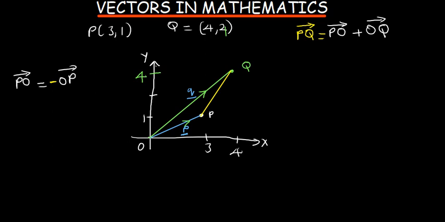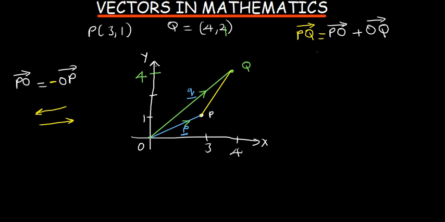Remember, vectors are quantities with both magnitude or size and direction. So PO is more like going behind, and OP is going in front. These two are the same, but they are in different directions. To differentiate the directions, you put a negative there. That's why we are saying PO is the same as negative OP.